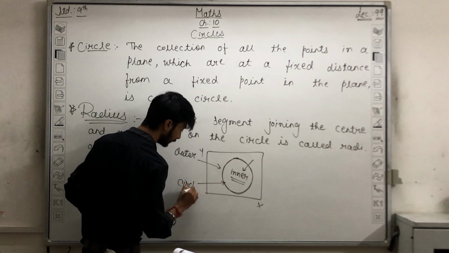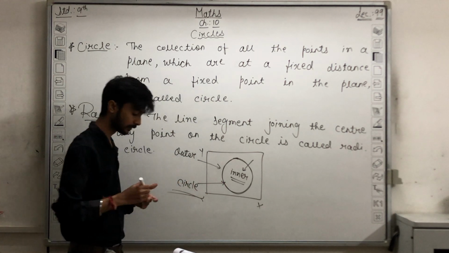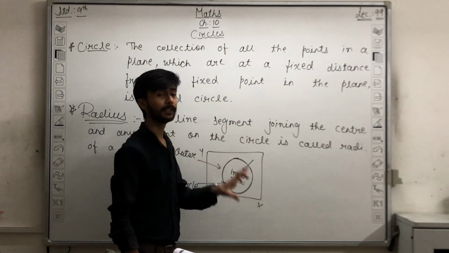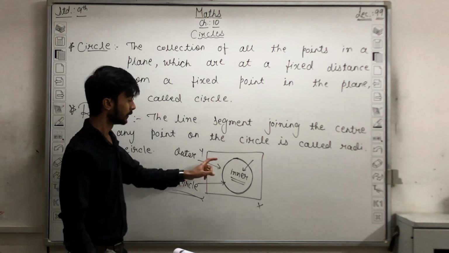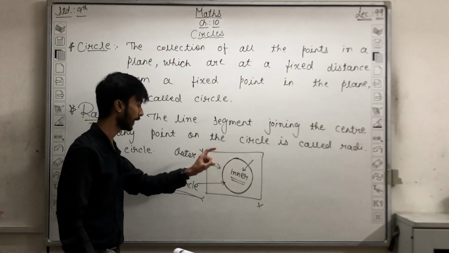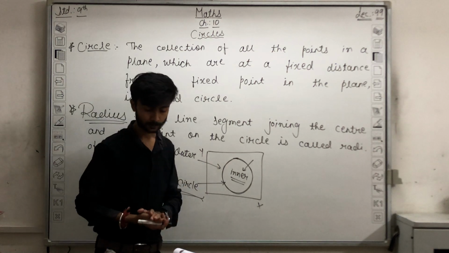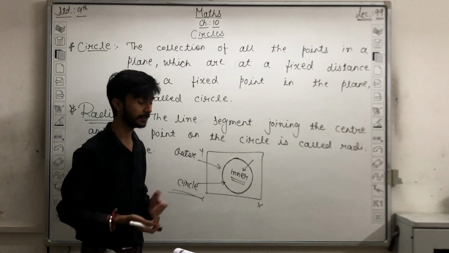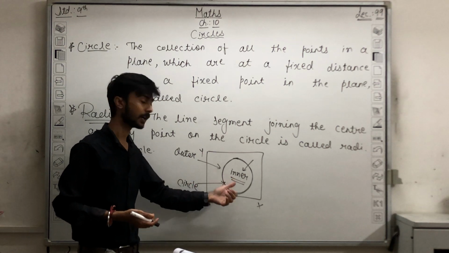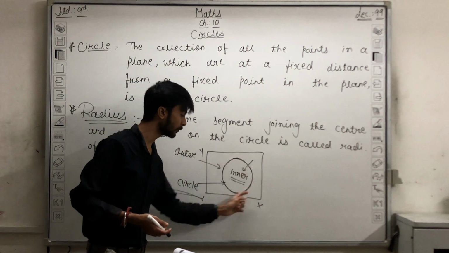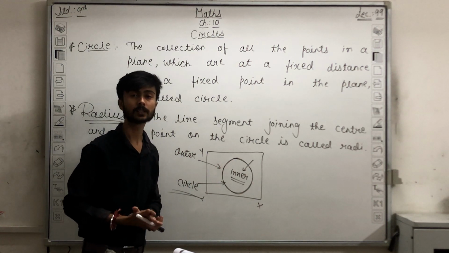So in a 2-dimensional plane there are 3 parts: the circle itself, the inner part and the outer part. So a circle divides a plane into 3 parts: inside, that is inner, outside, that is outer, and this line is the boundary, itself the circle.